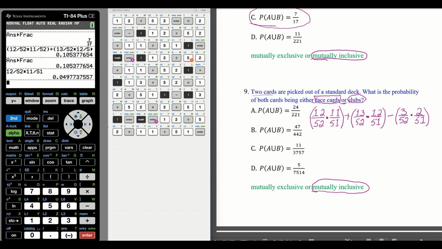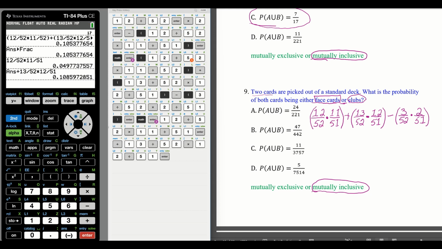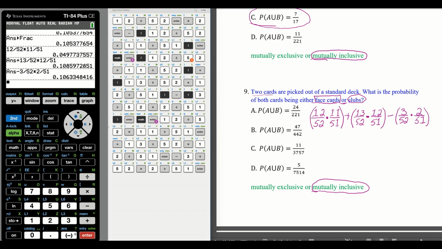Enter. Now let's add that to 13 divided by 52 times 12 divided by 51. And that's correct. Let's push enter. Now let's subtract that by 3 divided by 52 times 2 divided by 51. Enter.